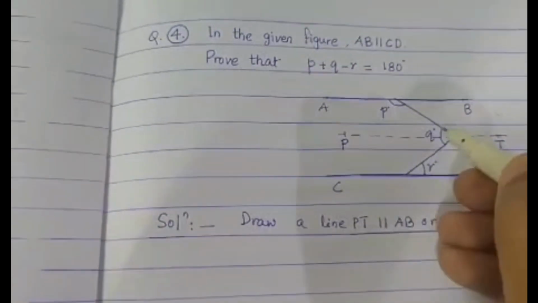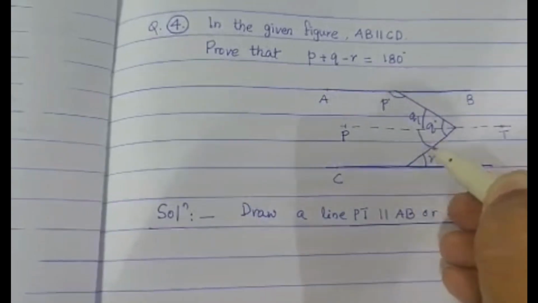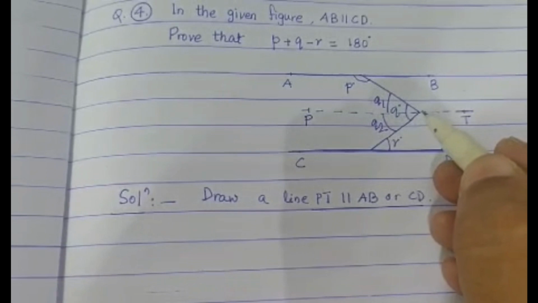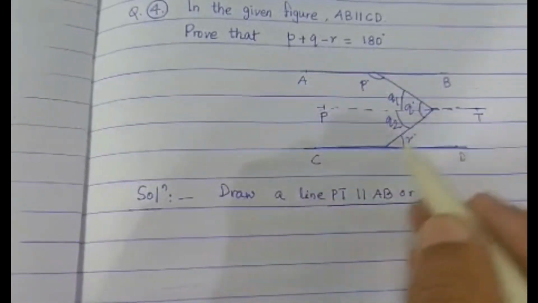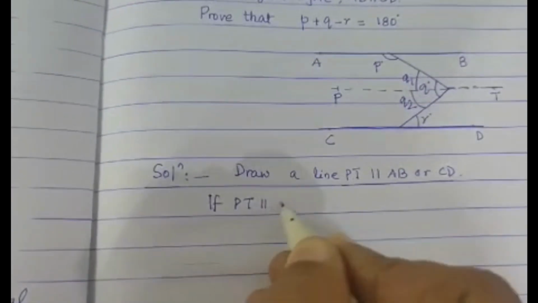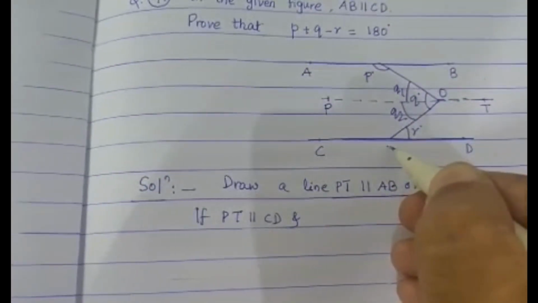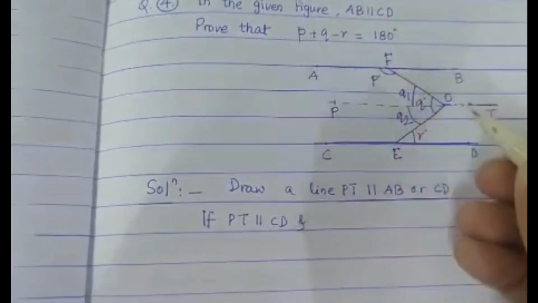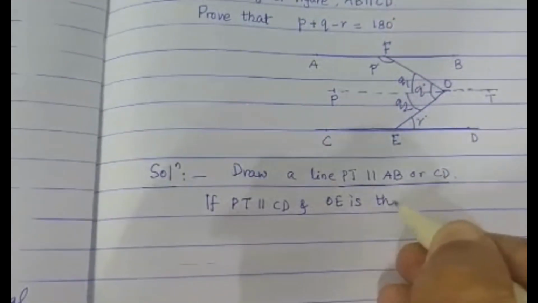Now let us write these angles. First one, this Q1, and this one is Q2. We are considering this Q1 and Q2. Now PT is parallel to CD, and let us name this point O, here E, and here F. OE is the transversal.